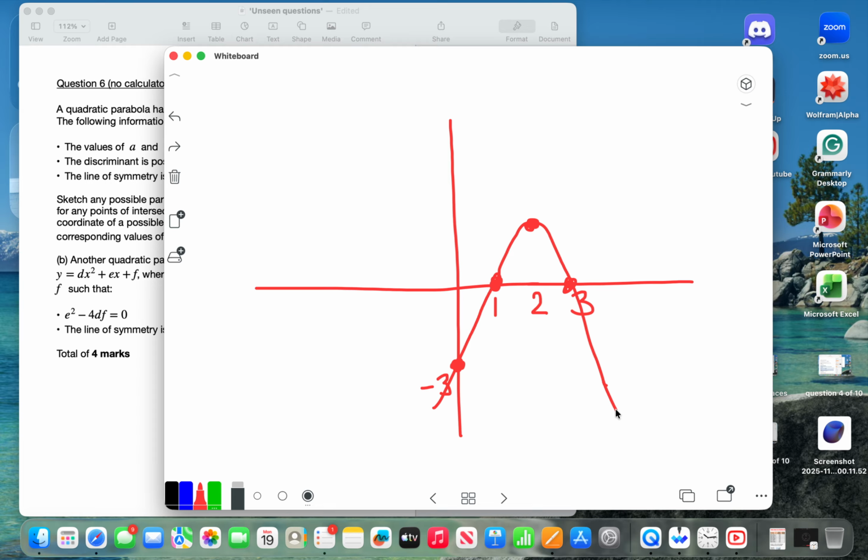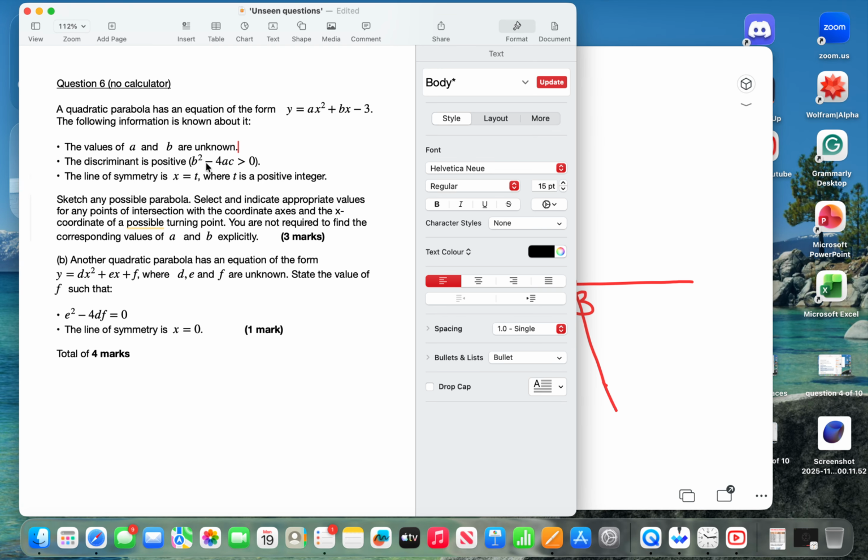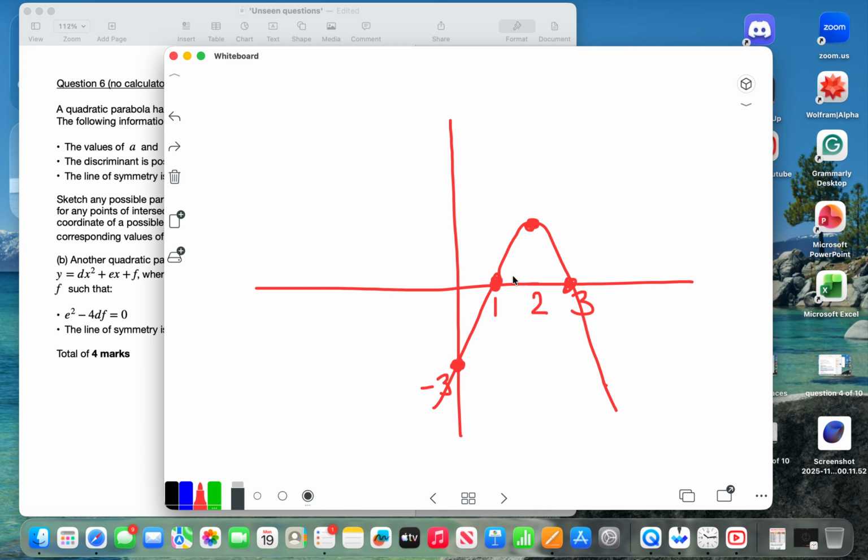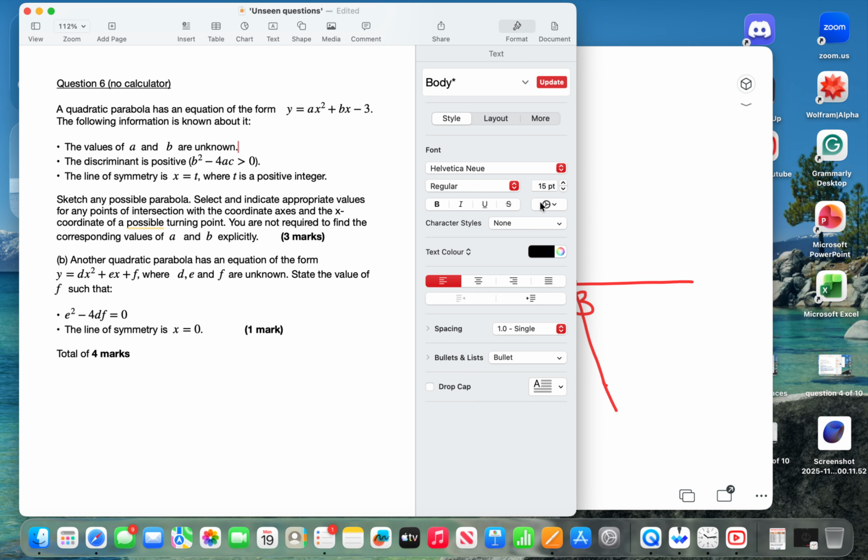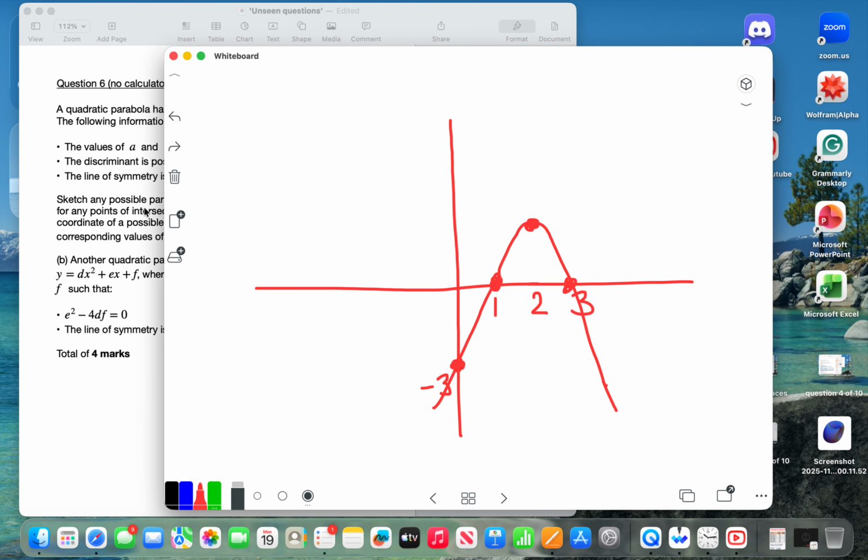Alternatively, you could do this another way. I'll do this on another page. But let's check the conditions are met. So the discriminant is positive. Two roots. The line of symmetry is x equals 2. And the intercept is correct.